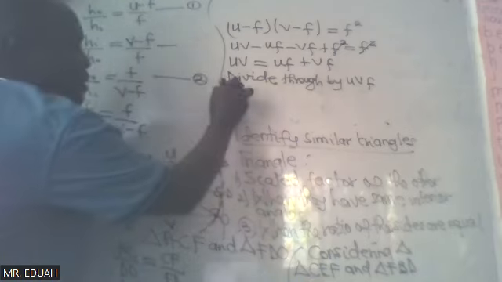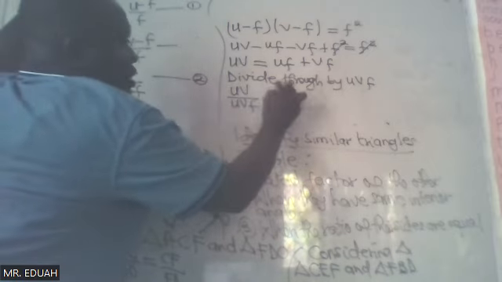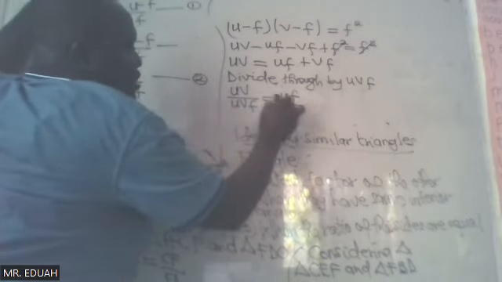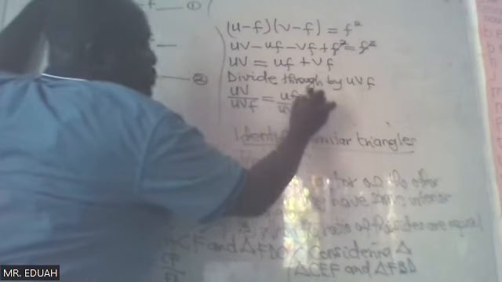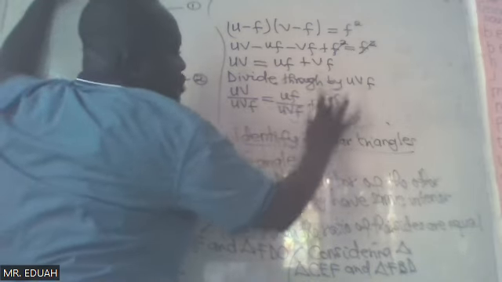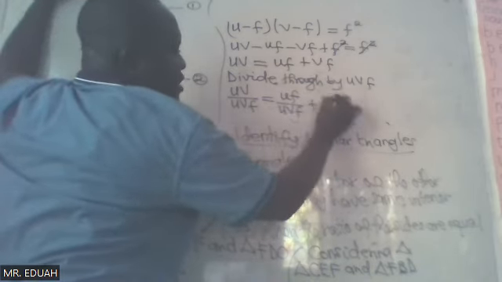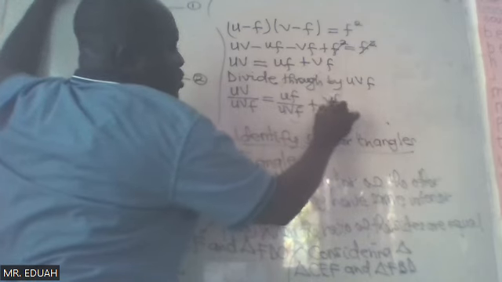So UV all divided by UVF is equal to UF divided by UVF plus VF divided by UVF.